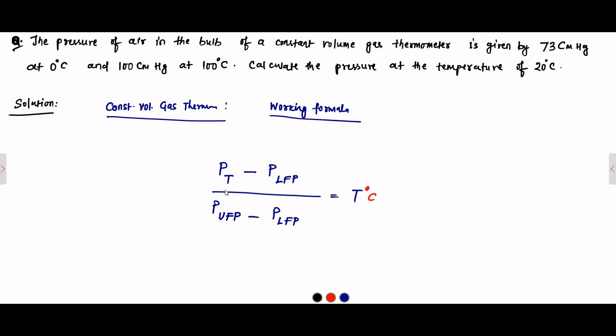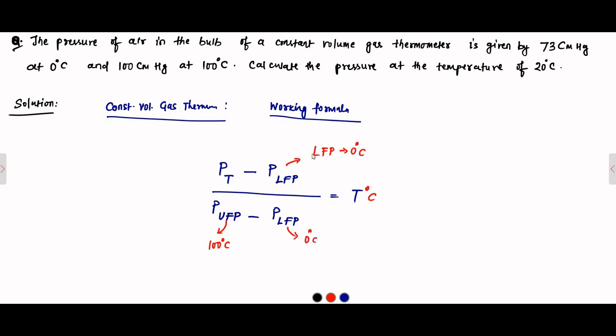This is the pressure reading at that particular temperature, the lower fixed point is at 0 degrees Celsius, and the upper fixed point is at 100 degrees Celsius.